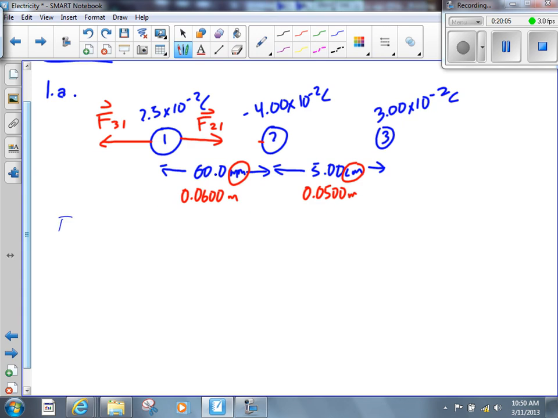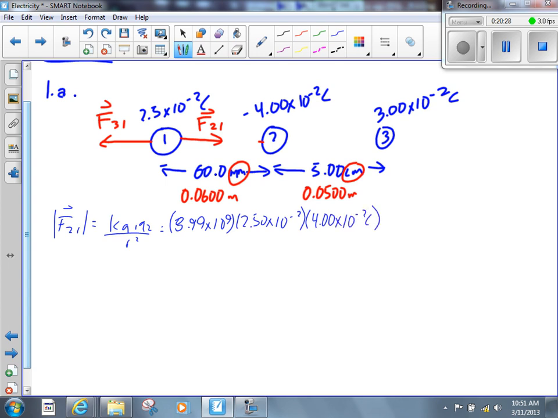The magnitude of the force of 2 on 1 is k q1 q2 over r squared. That's going to be 8.99 times 10 to the 9, Coulomb's constant, times q1, 2.50 times 10 to the minus 2 coulombs, times q2, which is 4.00 times 10 to the minus 2 coulombs, divided by 0.0600 meters.